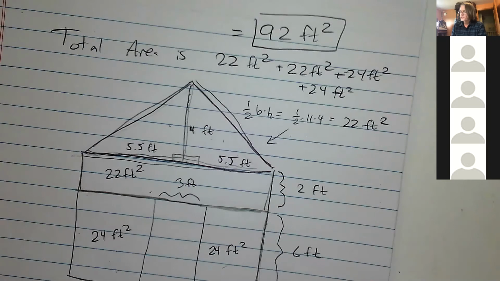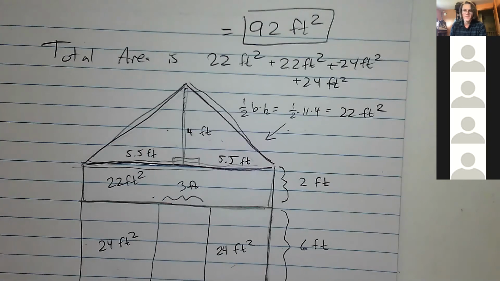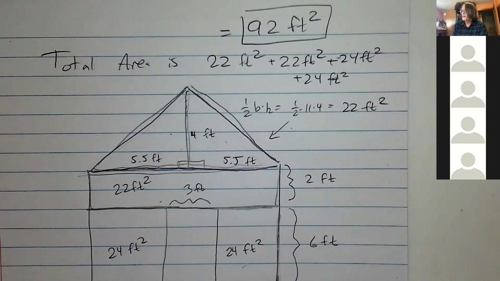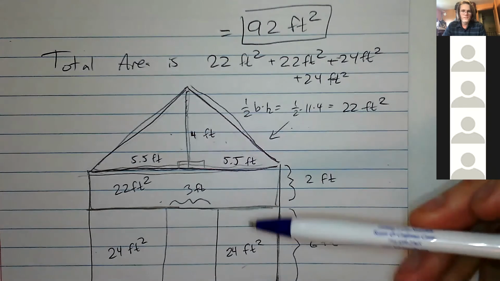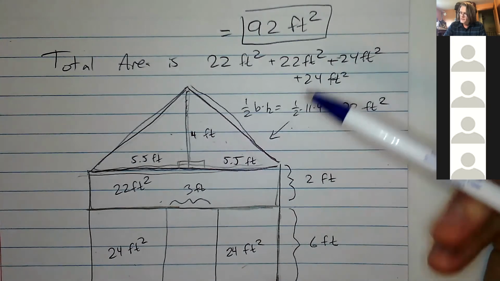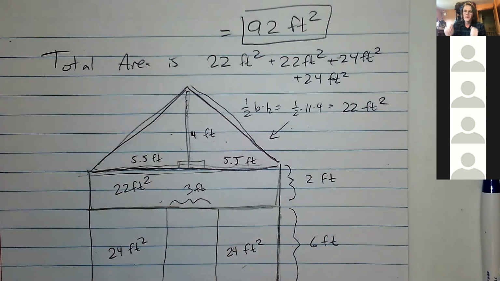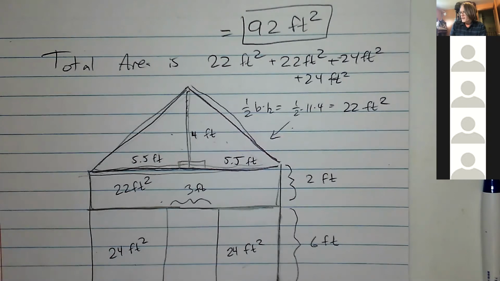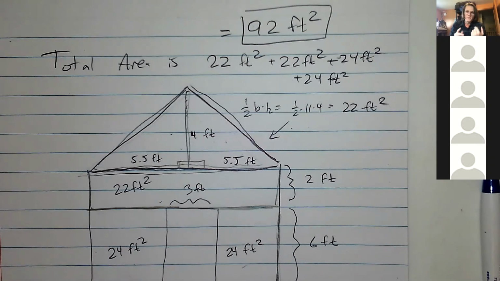So there you go. And so if you've ever been painting or tiling a bathroom or something, and you know if you have a bathroom and maybe your walls are rectangles, but maybe you're not tiling behind a sink or a toilet or something, you might literally have to do something like this, right? You might draw a little diagram. You might be like, oh, I'm not going to do behind the vanity. So I cut that out on my diagram. And then you say, oh, I'm not going to do behind the toilet maybe.